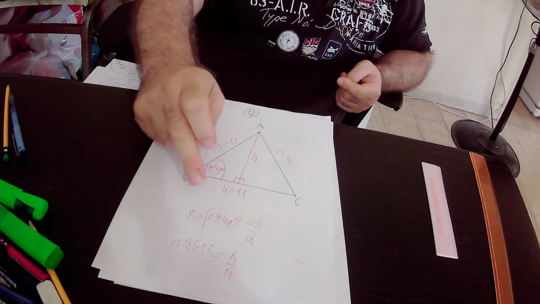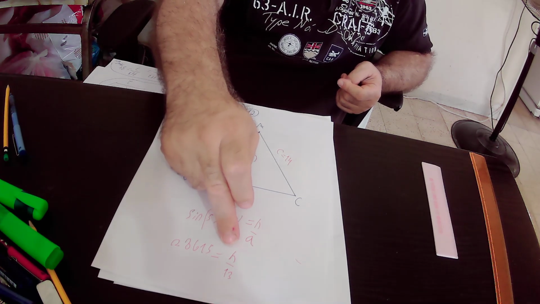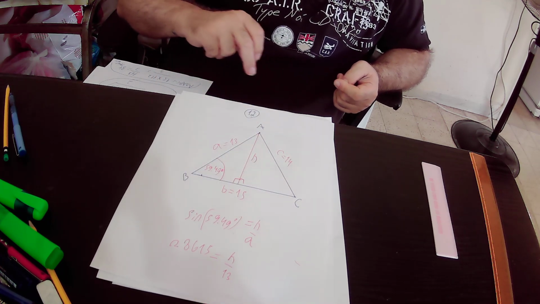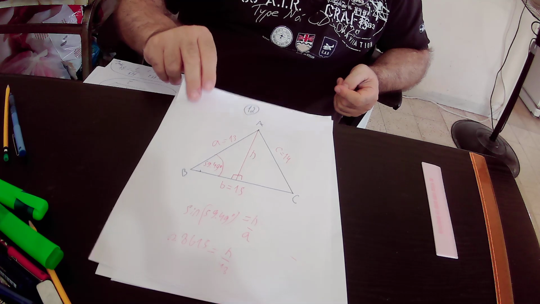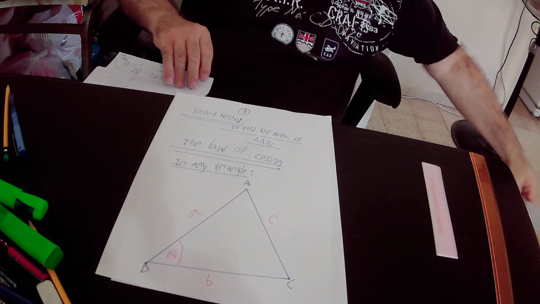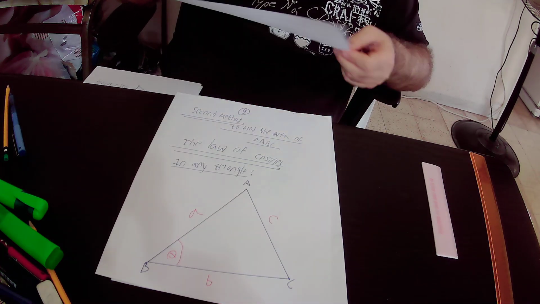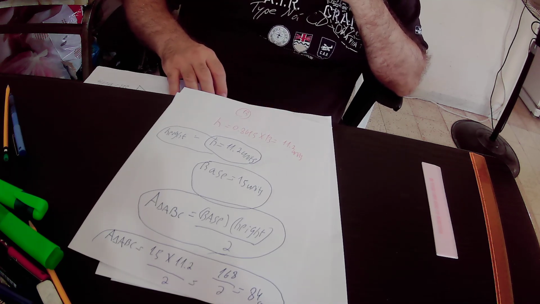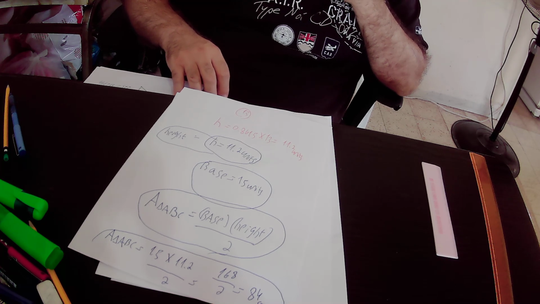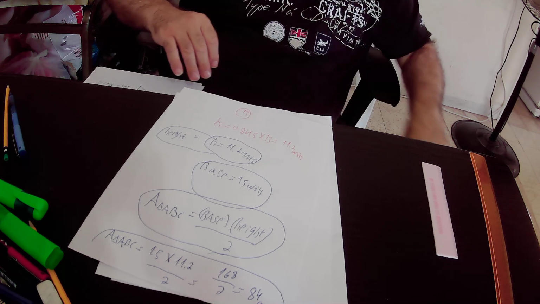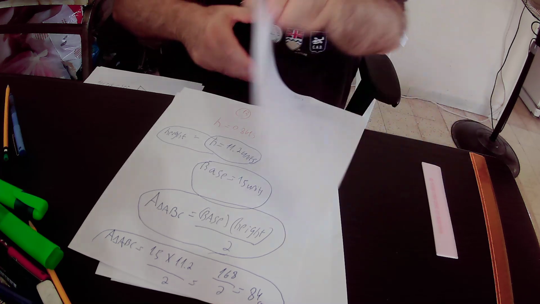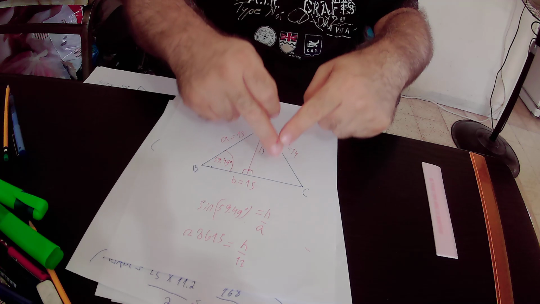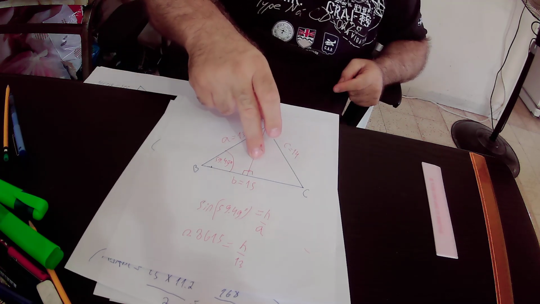So the only missing variable here is h, that is the height of triangle ABC. So we found out that h equals 11.2 units. Okay, so after we know that the height equals 11.2 units, we know that the area of any triangle equals the base of the triangle times the height over 2.